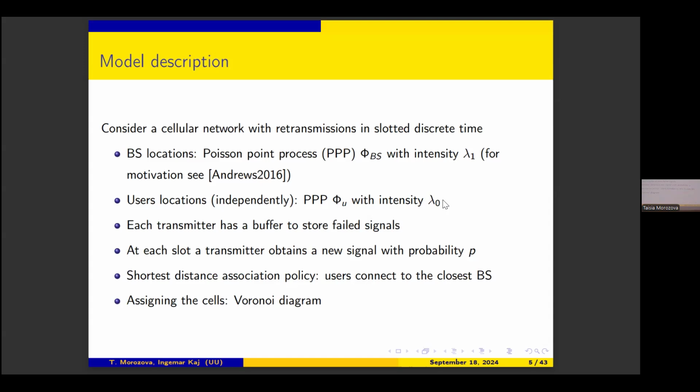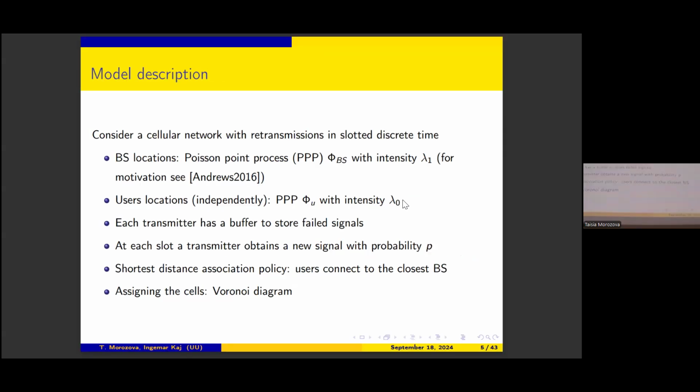Francois and some other people from Sweden also did work on this back in the 90s and 2000s. We adapted this approach where the locations are independent, which makes it quite easy to get a tractable model. So we adopt this approach here as well.